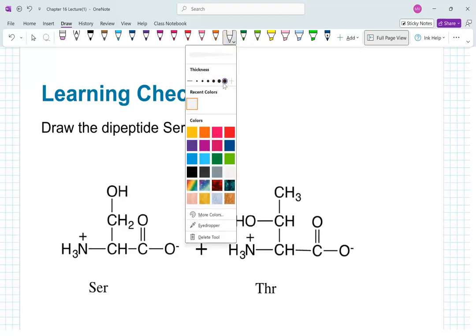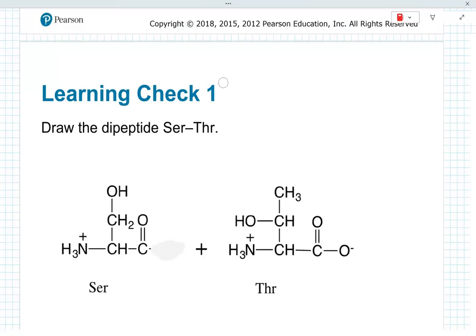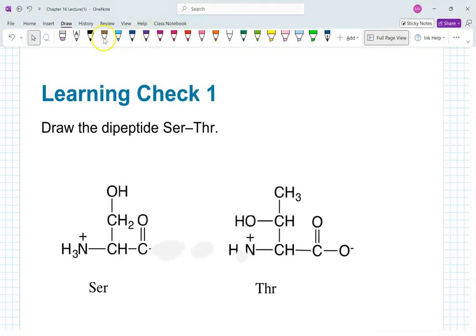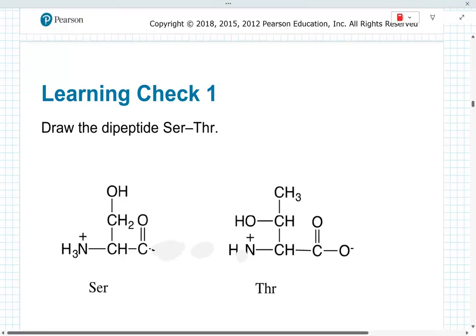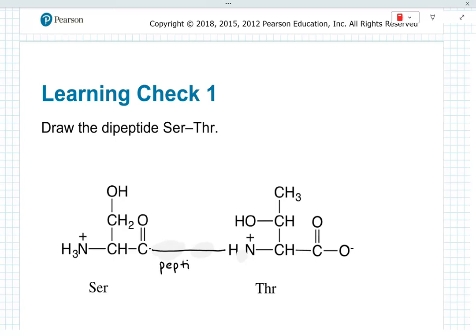What I'm going to do is do this and this. And then I'm going to draw a line, and technically speaking, hydrogen should be on the bottom, but it's fine. Okay, makes sense? That's your peptide. This is the peptide bond. And it would have H2O left over.